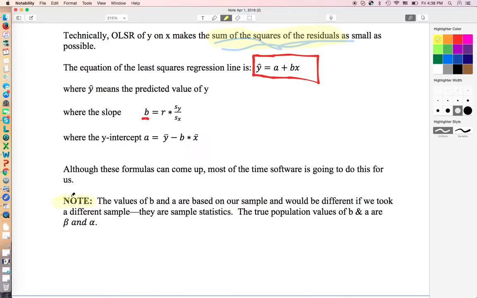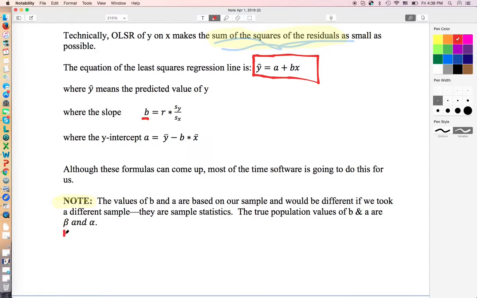But you can think about it the same way we thought about all of the inference that we did a month ago, and that's that these are sample statistics that represent true values, that represent population parameters. And the population parameters that correspond to A and B are alpha and beta.